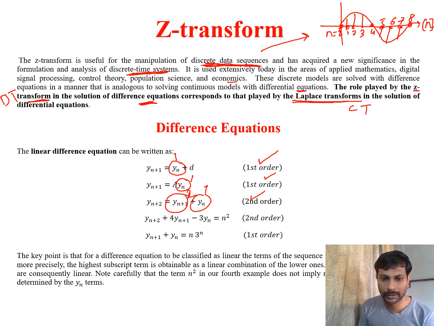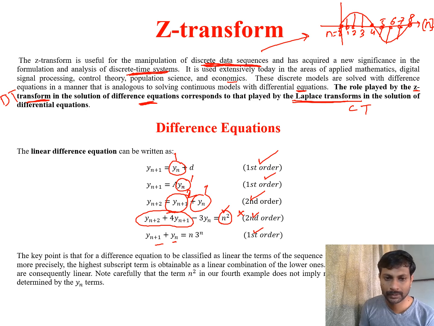And y(n+2) plus y(n+1) minus 3 y(n) equal to n square. Do not assume that because it is n square it is second order. No, we have y(n+2) plus y(n+1), so it is second order. And this one has y(n+1) and y(n), so this is also first order.